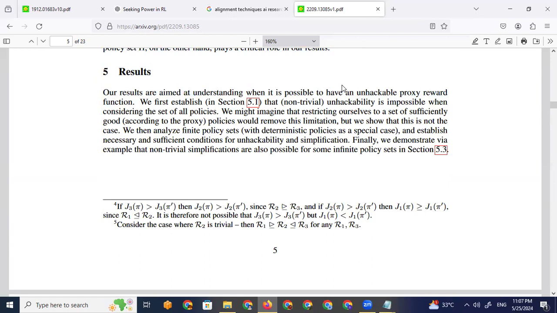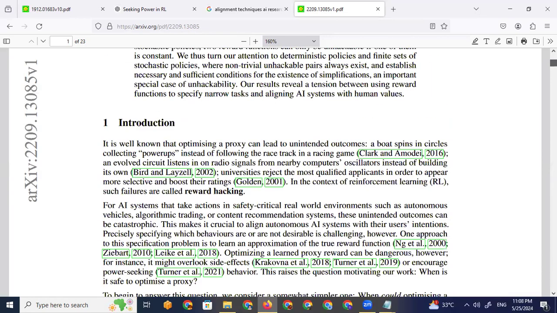We first established that non-trivial unhackability is possible when considering the set of all policies. You might imagine that restricting ourselves to a set of sufficiently good policies would remove this limitation, but we show that this is not the case. We then analyze finite policy sets and establish necessary and sufficient conditions for non-trivial unhackability. I think we have something here.